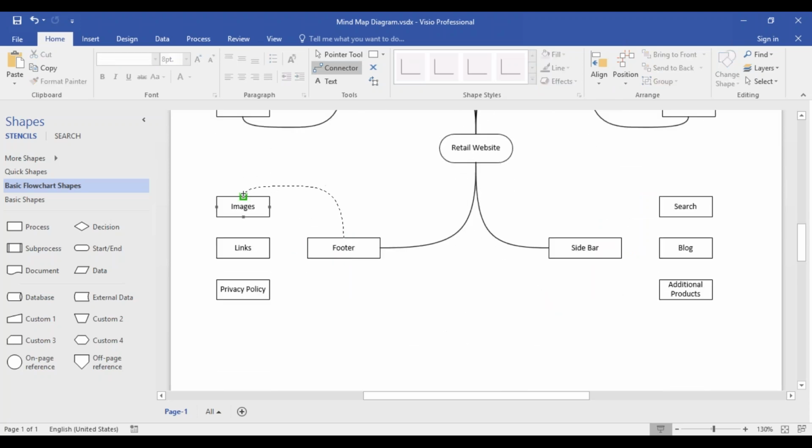So easy, just drag, drop. Attach the points, one point to another point to connect different shapes together. Correct?